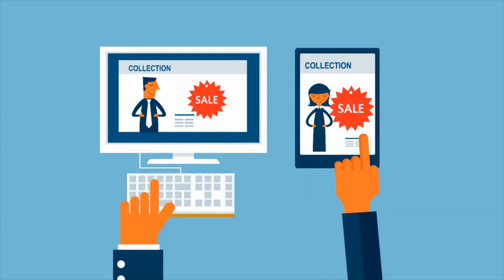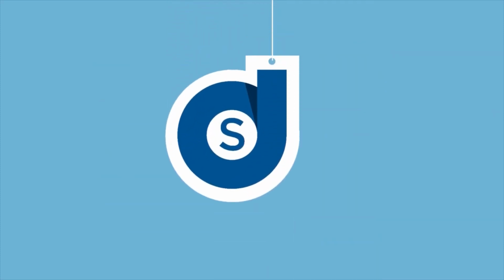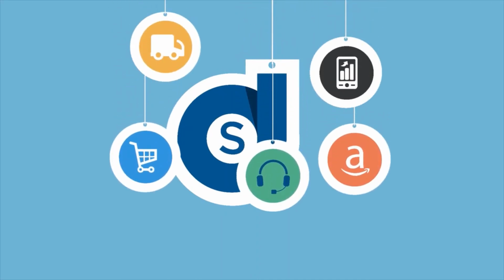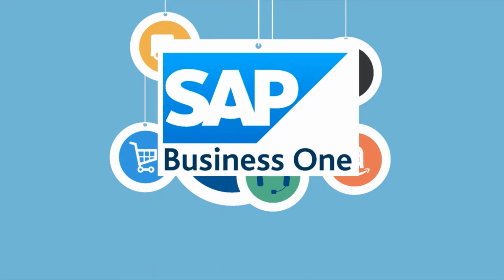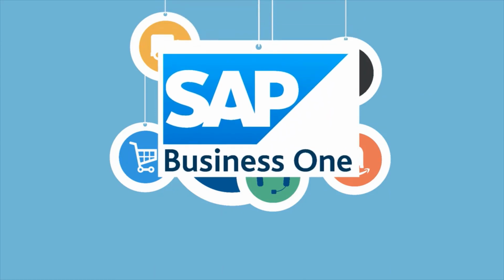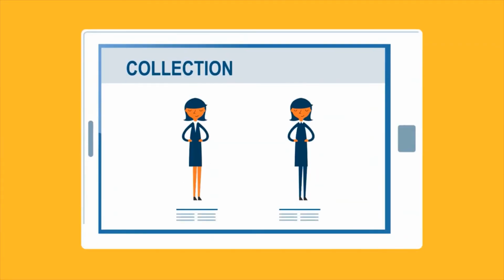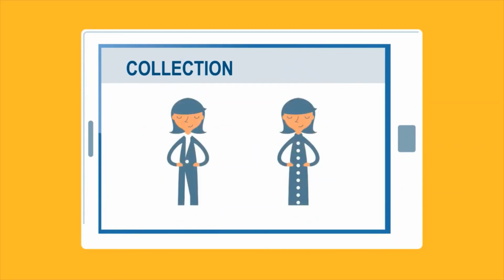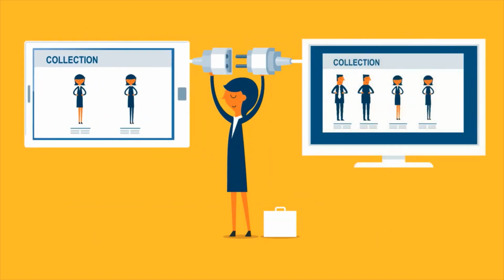So, we developed ODSNet, where we combine a rich, full-featured B2B web store experience with direct links to your SAP Business One back-office systems. Now your website will always be up to date with the latest stock, price and promotional information. Orders flow straight through to internal office systems without the need for information to be re-entered manually.